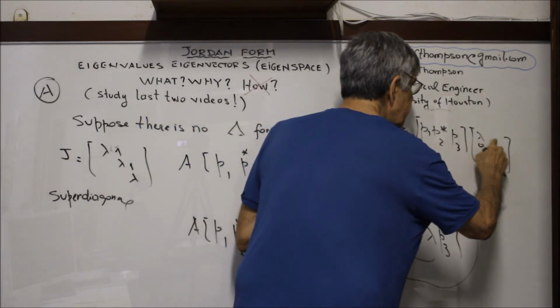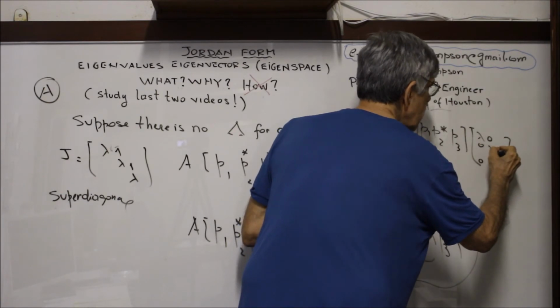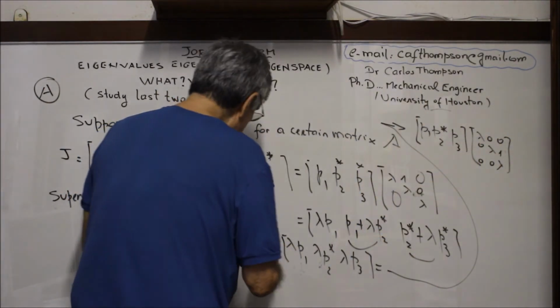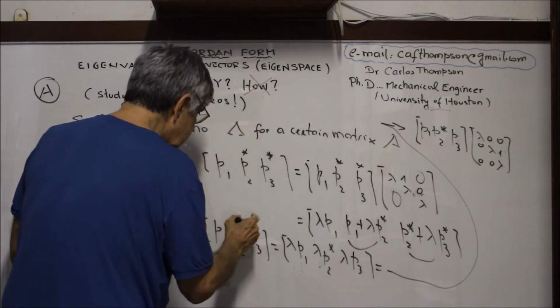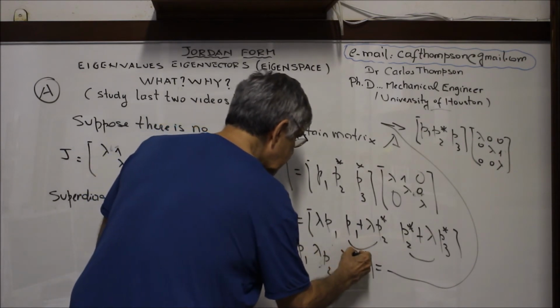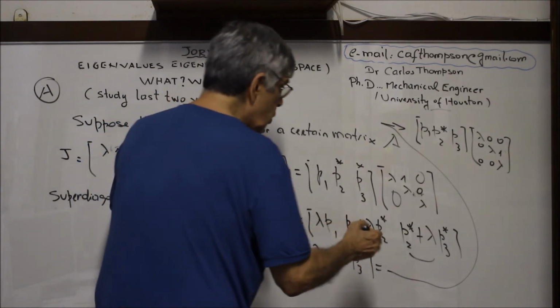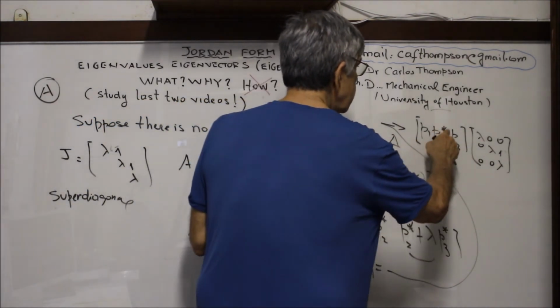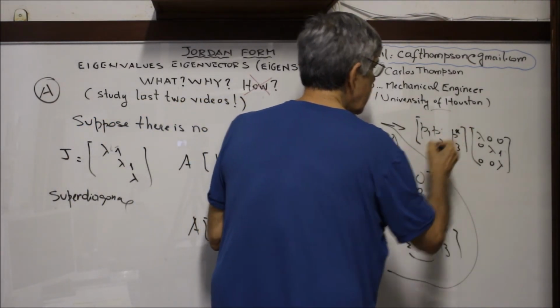Suppose I change here, I put 0 here and 1 here. Then what I will have is not asterisk, it's this one. Why?